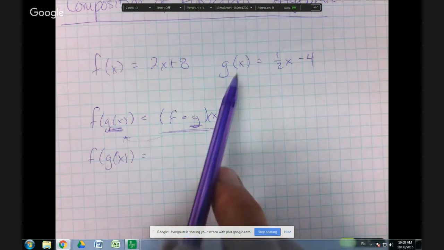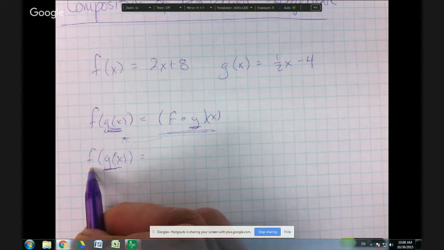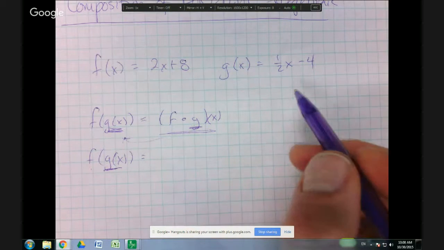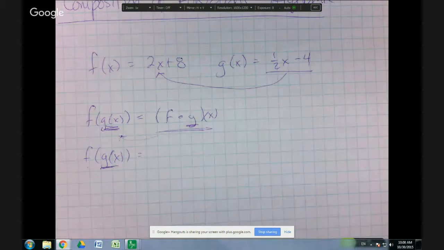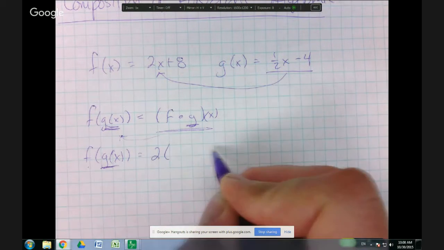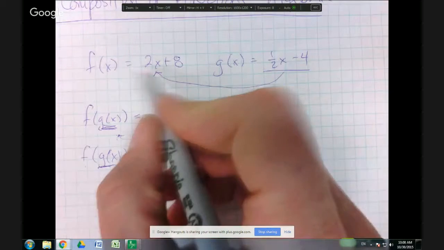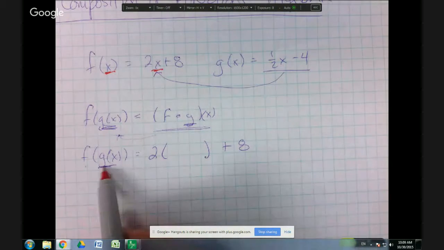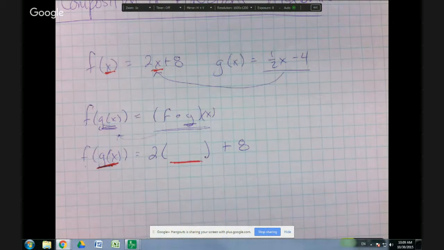If I'm going to put g inside of f, that means I am taking g and putting it inside of f. Notice x, that's where it's going to go.